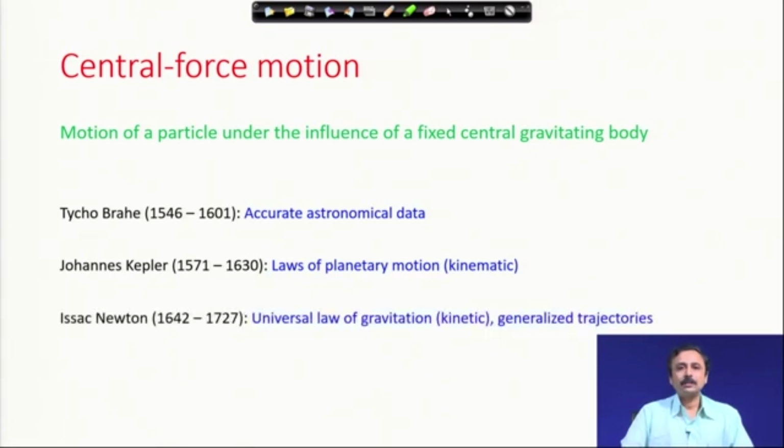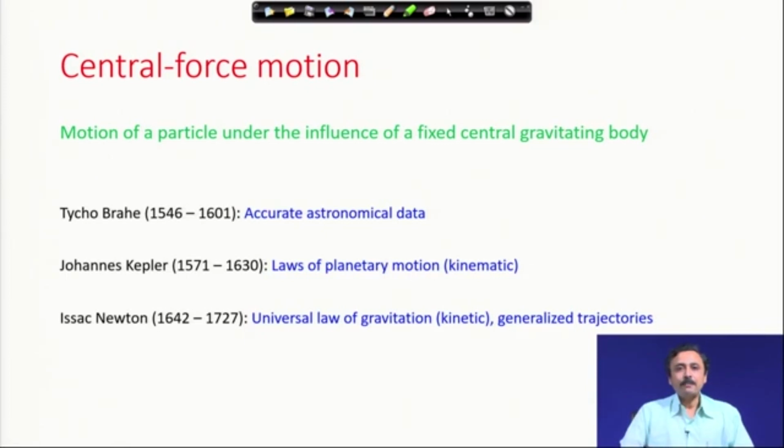Then came the master. He gave the universal law of gravitation in one stroke. Using his laws and this universal law of gravitation, you can now solve these equations and see how a massive particle, a planet, will move around a central gravitating object like the sun.